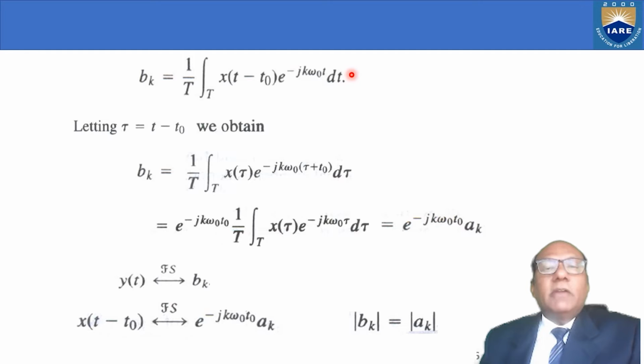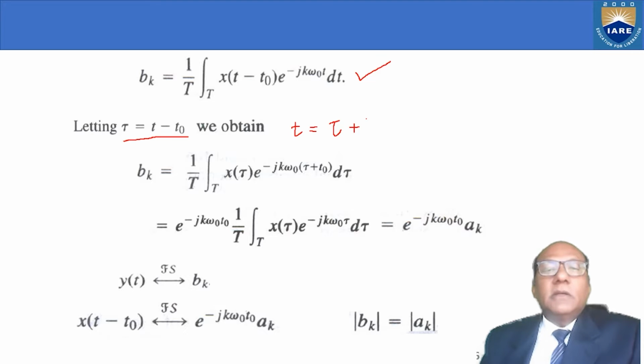Now I have written this here. I have taken this expression as it is from the previous slide. Now I will substitute tau equal to t minus t naught. When I substitute this, t becomes tau plus t naught.